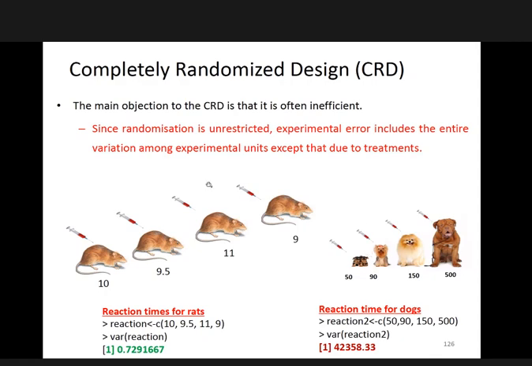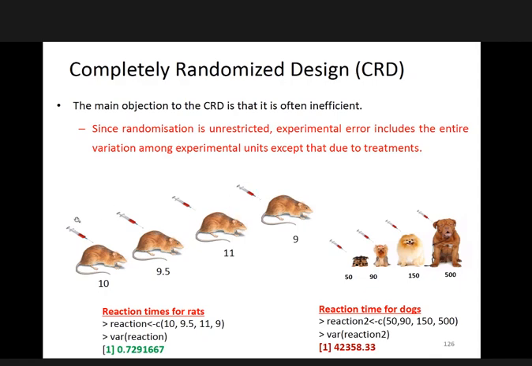So the types of the dog are very different. In this case, since randomization is unrestricted, the experimental error includes the entire variation among experimental units except those due to treatment.